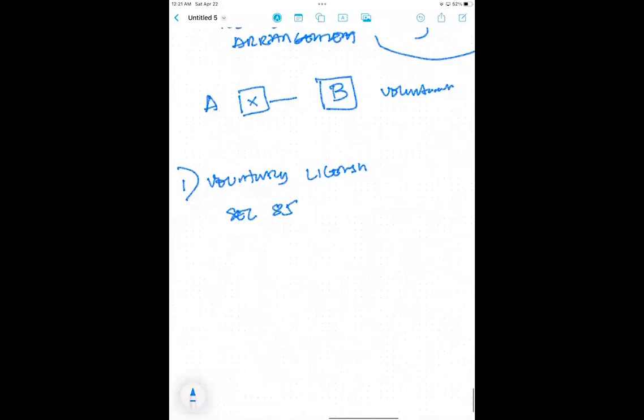Now, because the contract is voluntary, then we apply yung principles of contract dito.